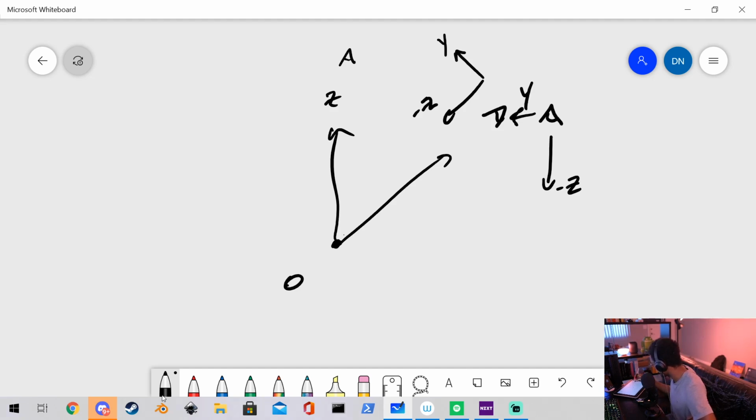Then I want to rotate it around a vector like this. I want to rotate it so that negative z is pointing at the origin. And I think that's it. Is that it?